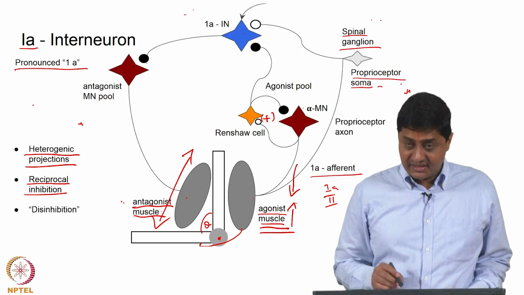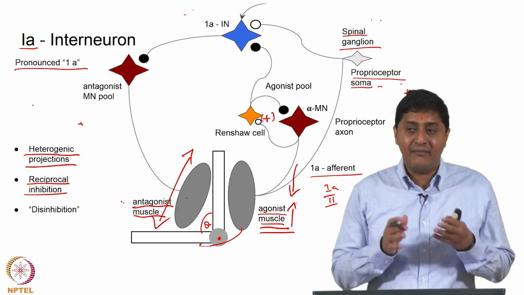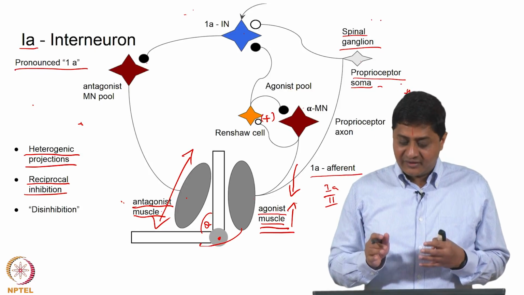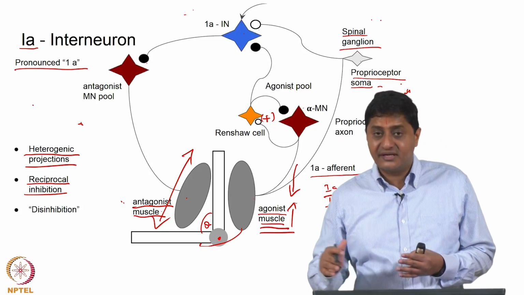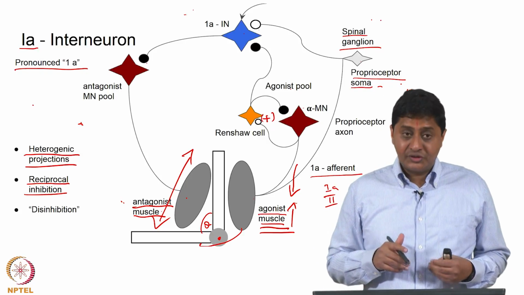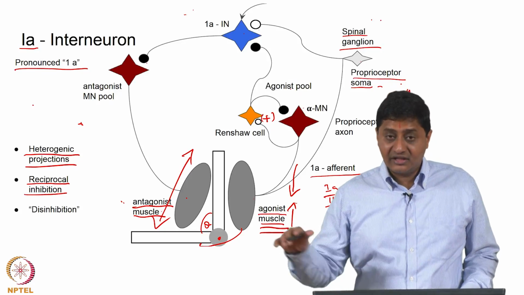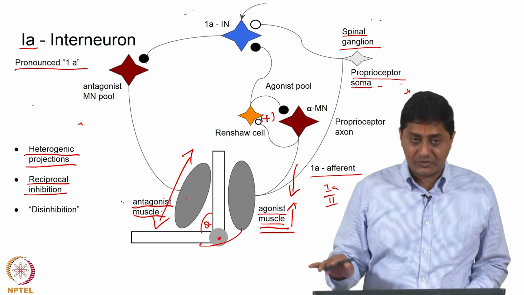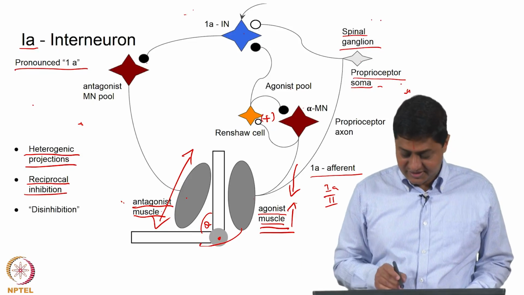One part of what we saw yesterday was that it inhibits the same alpha and gamma motor neuronal pool for that muscle and its agonists, all the muscles that perform approximately the same function. So, it is not just going to inhibit one muscle, it may also inhibit other muscles, and not just alpha motor neurons, it will also inhibit gamma motor neurons. This is one function of the Renshaw cell.